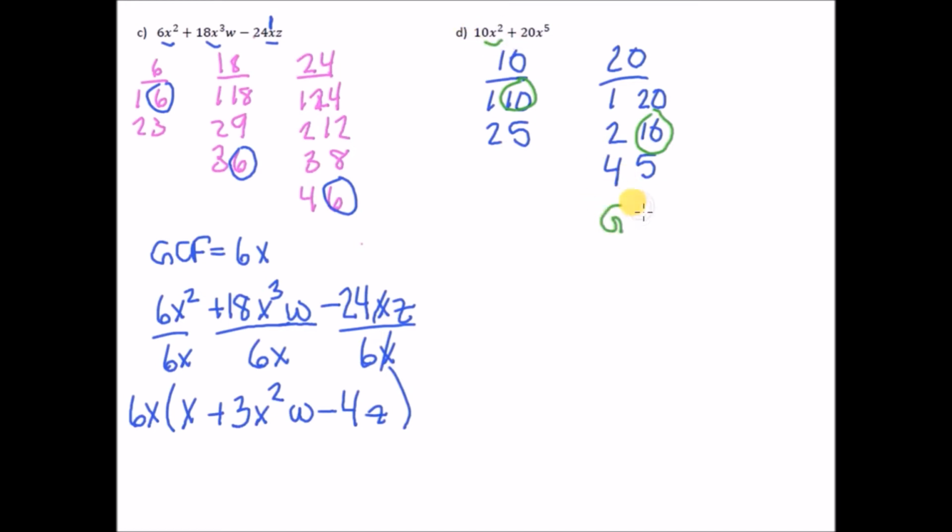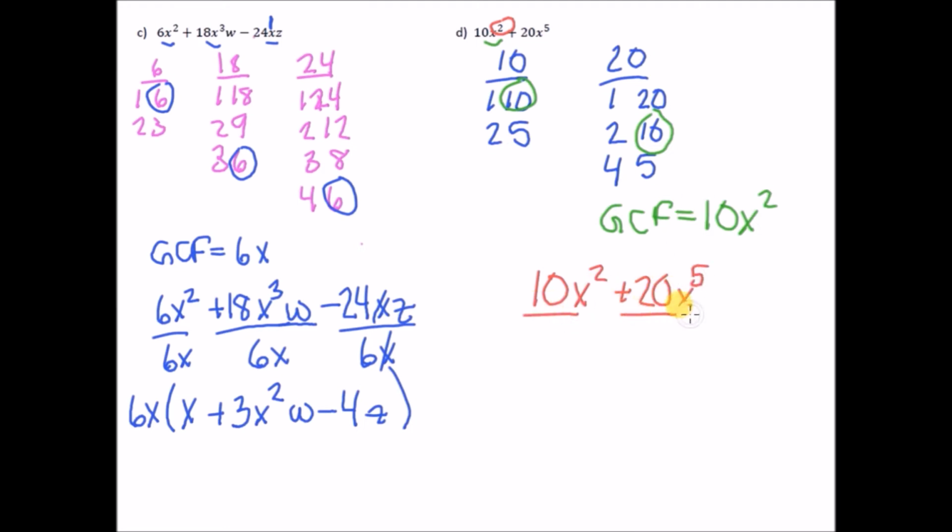So our greatest common factor will be 10x squared, because it's the smaller exponent on that x. So x squared, x to the 5, the smaller exponent is going to be that 2. So we have 10x squared plus 20x to the 5.